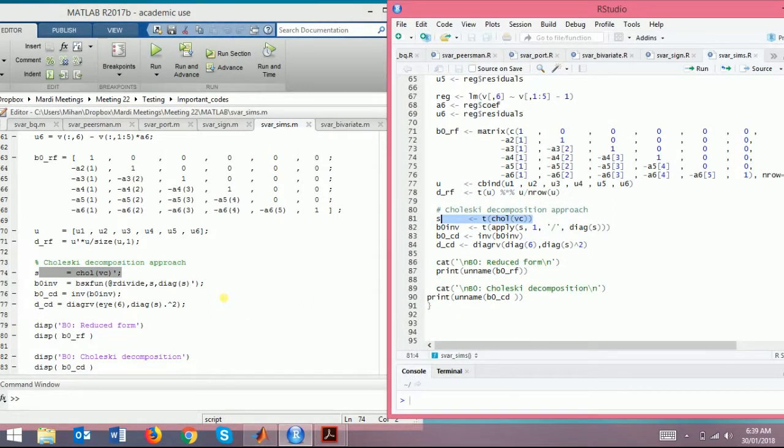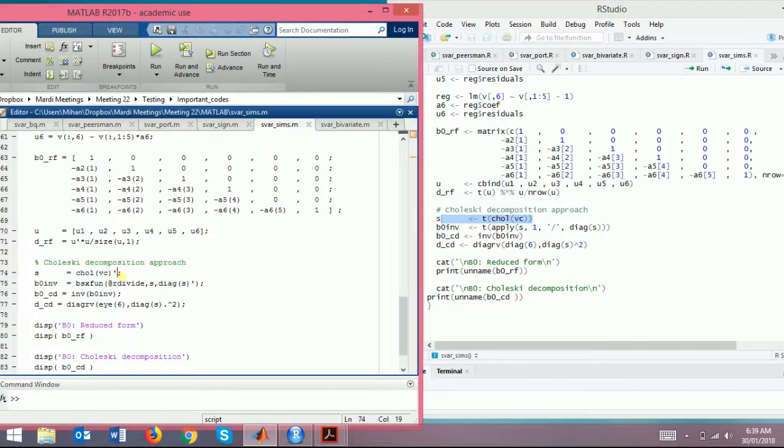Cholesky decomposition approach, on the other hand, we simply take Cholesky, transpose it for representation. Then we do S minus diagonal of S transpose. Diagonal of S transpose, because here we have already taken the transpose of the Cholesky decomposition.